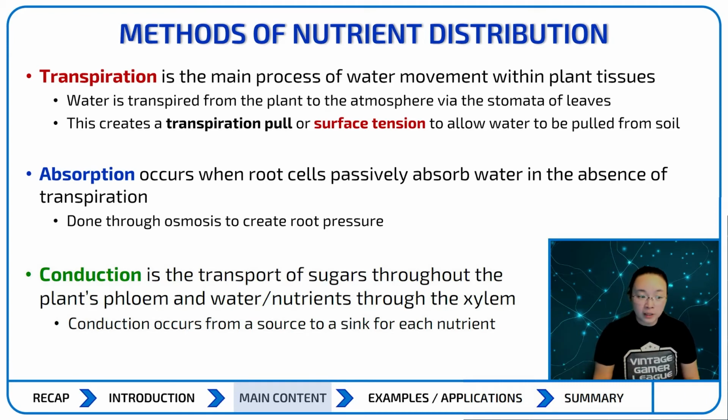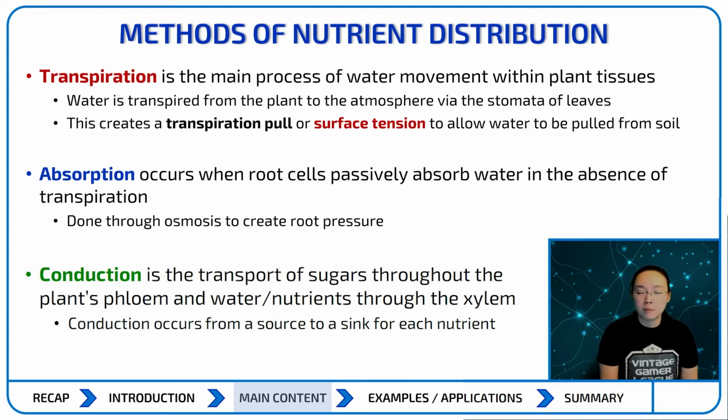Now, if we take a look at the minerals, the source of your minerals and your water is going to be from the roots. So the roots and the soil are your source. And then your sink is going to be the leaves and the shoots of your plant to allow for cell growth and division. Just keep in mind, depending on whether you're looking at water, nutrients, or sugars, your source and your sink are going to be different.